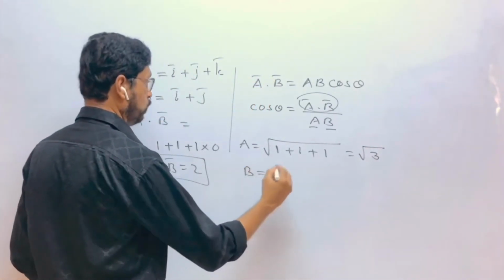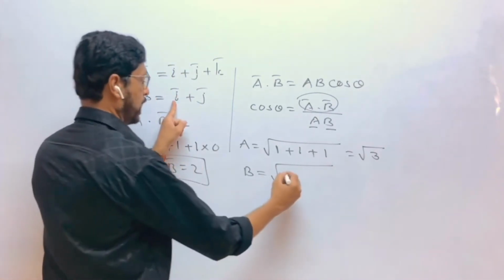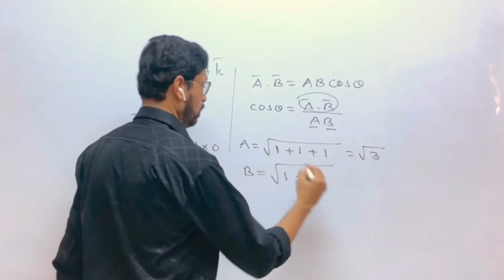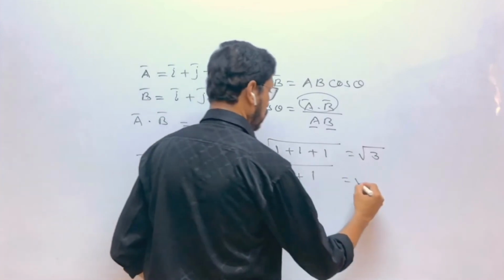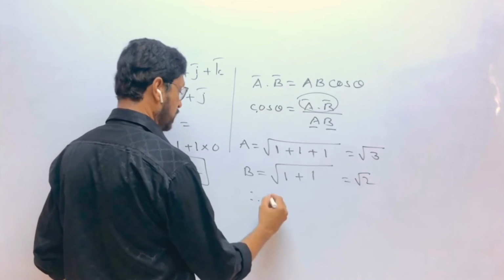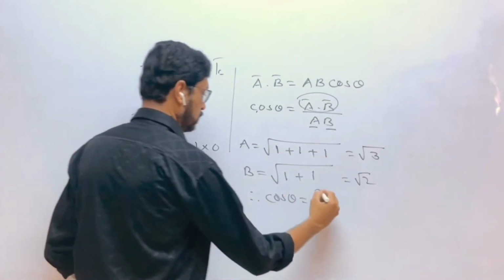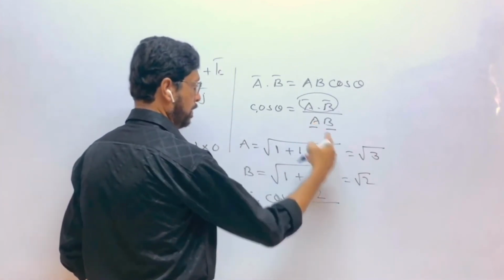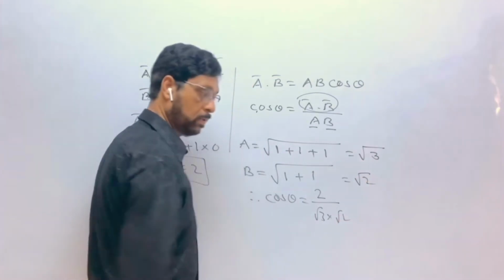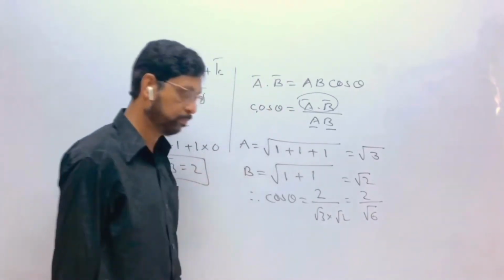And magnitude of vector B will be under root AX square, 1 square, plus AY square, that is root 2. Therefore, cos theta is equal to A dot B, 2, upon AB. So that is equal to 2 upon under root 6.